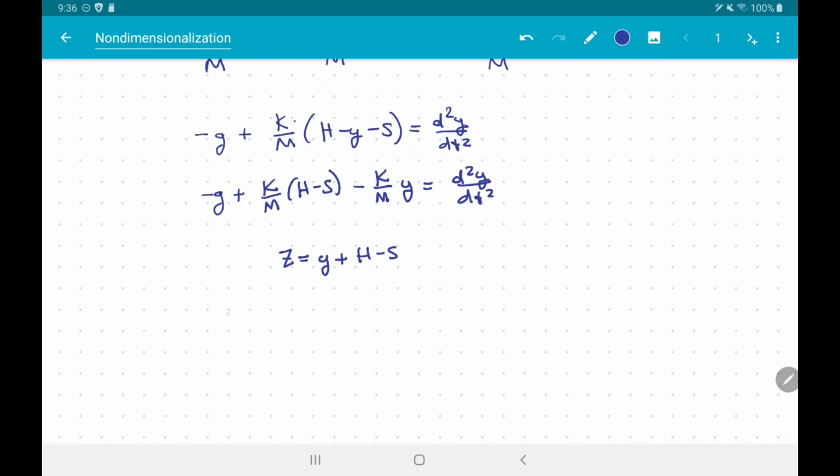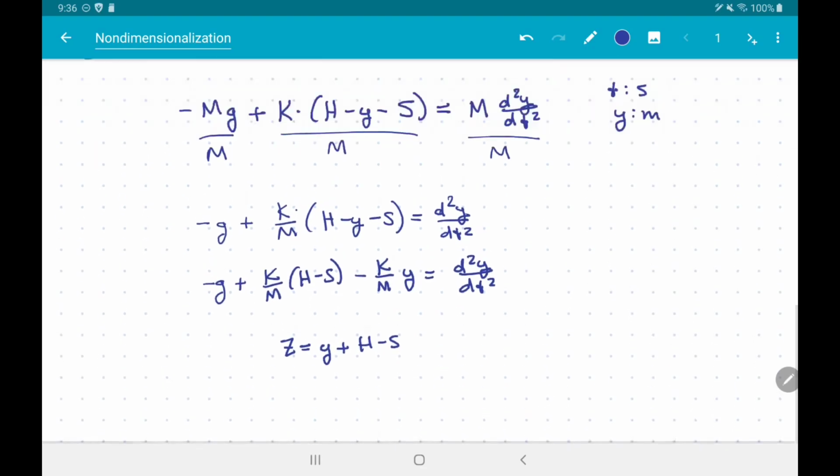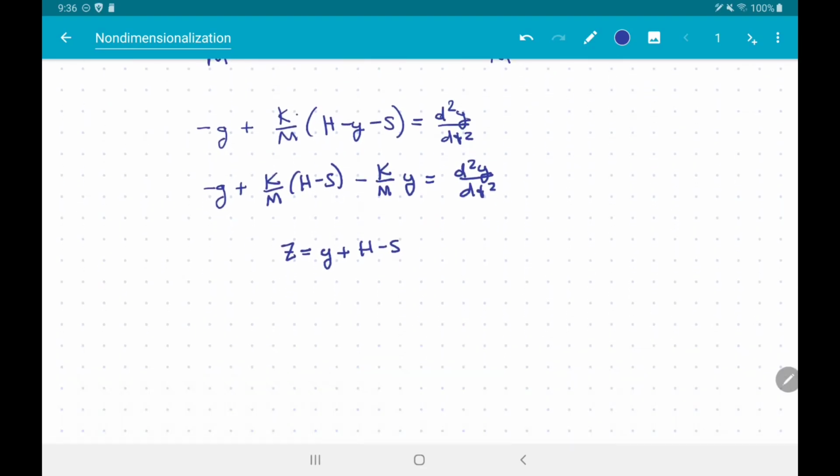Then, no, I want one more thing, don't I? Do I want to include the g in here as well? Yes, I want to include the g in here as well.